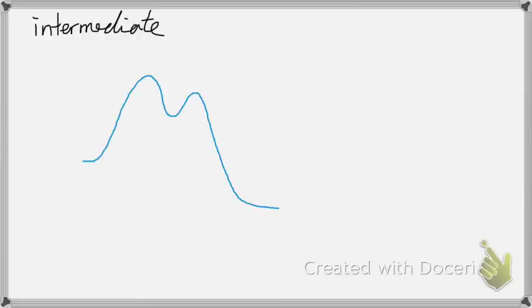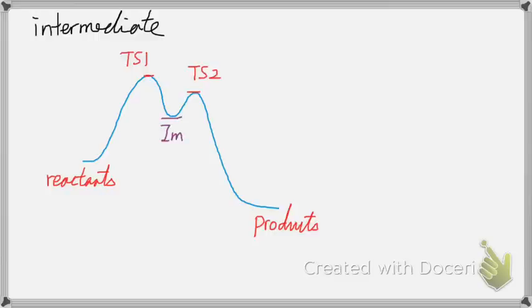Okay, so here is what we're talking about. On the left side, that's our reactant. On the right side, that's our product. Here we have two hills. Those are the transition state 1 and transition state 2. The valley between those two hills will be an intermediate. Okay, so intermediate is formed in one elementary step and it's consumed in the next step.